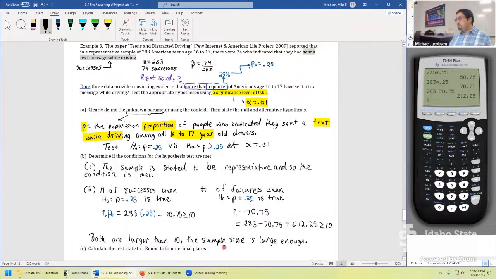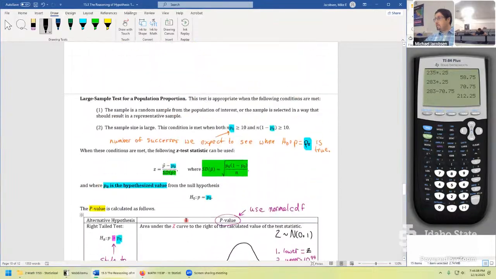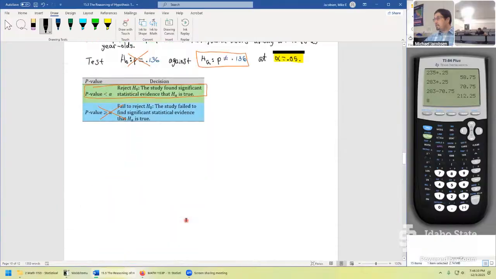Well, any last questions at all, folks, with looking into the condition checking? Are those the only two conditions that you're looking for, if it's representative of the population? Because on the last one, didn't we check if it was random?